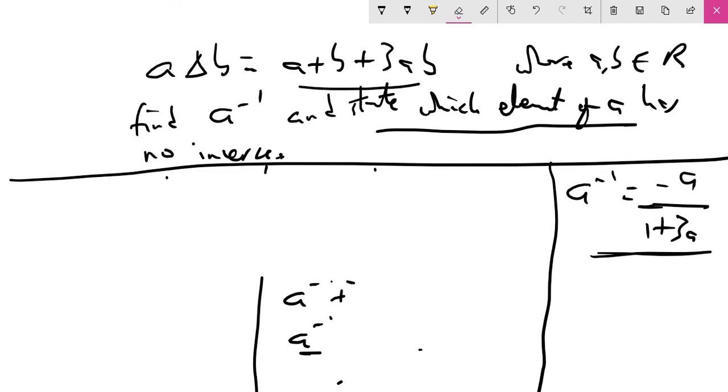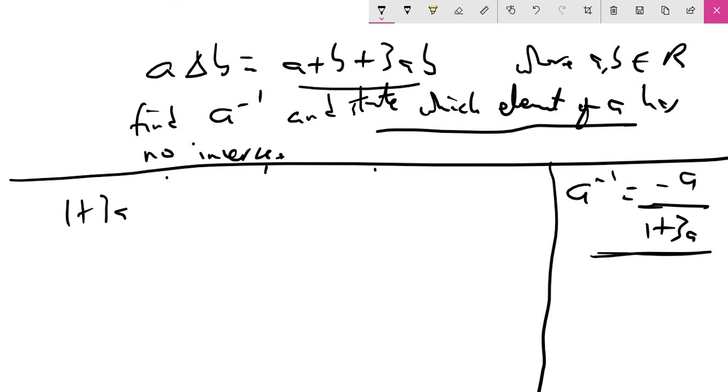Okay. So for which element of A has no inverse? Again, for which element of A will the denominator go to 0? So meaning we equate the denominator to 0.